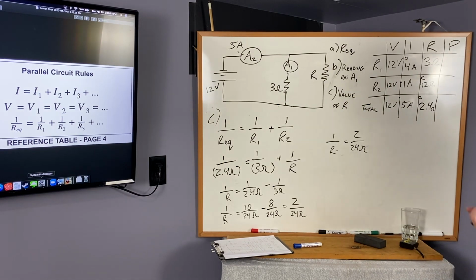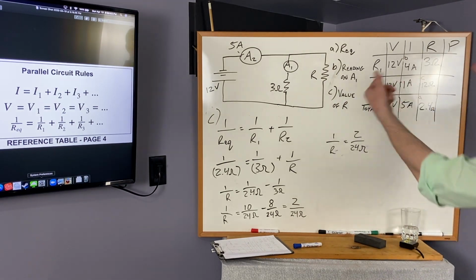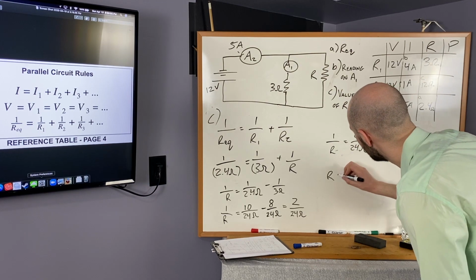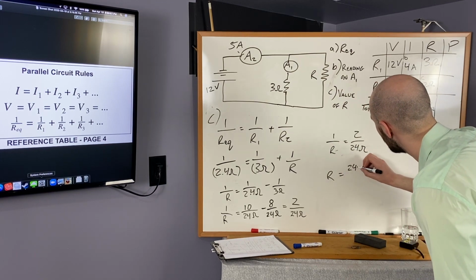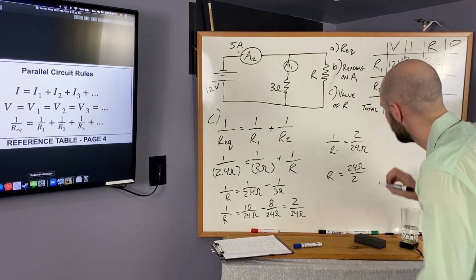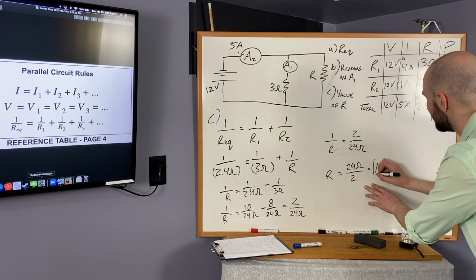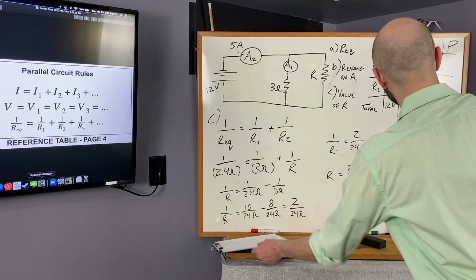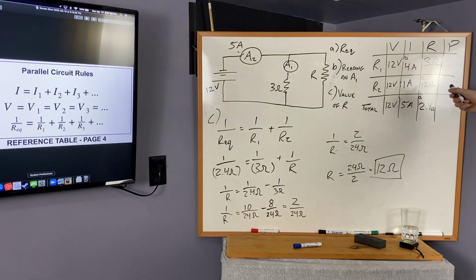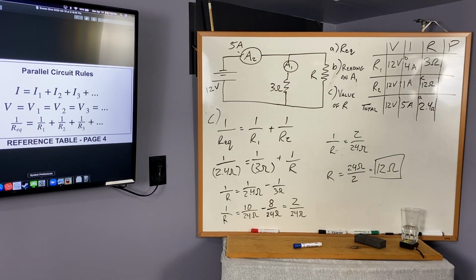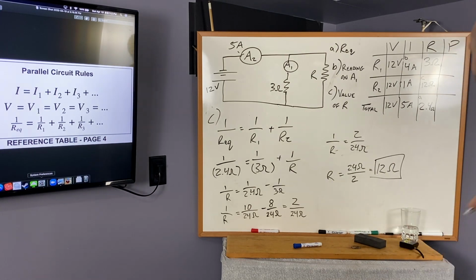You could cross multiply, or we could just flip everything and say R is equal to 24 ohms over 2. And with that, the correct answer is 12 ohms. Isn't that nice? We verified. We see that this resistor has to have a resistance of 12 ohms.